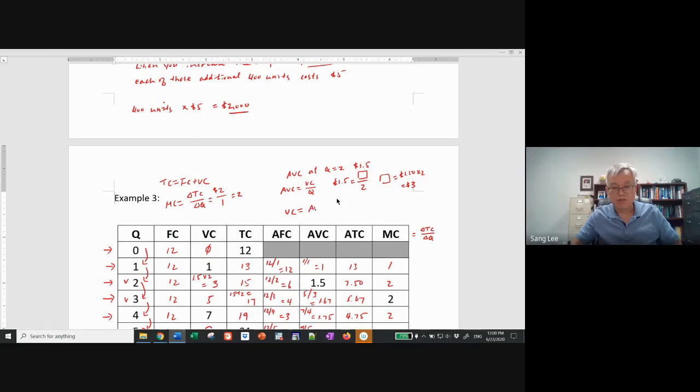Variable cost is average variable cost times Q. And if you know the average total cost and quantity, you can always figure out total cost as well. Average total cost is total cost divided by Q, so just reverse the process. Total cost is average total cost times Q. Then you can complete any kind of table like this.